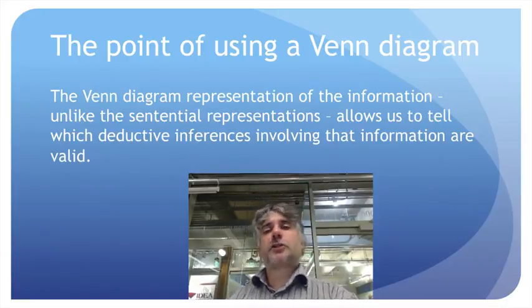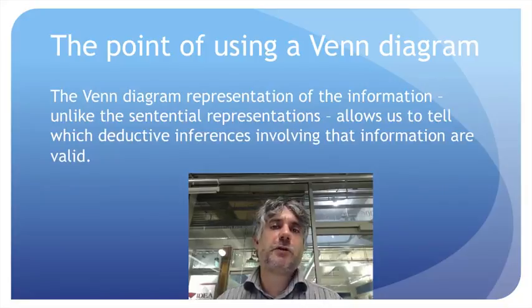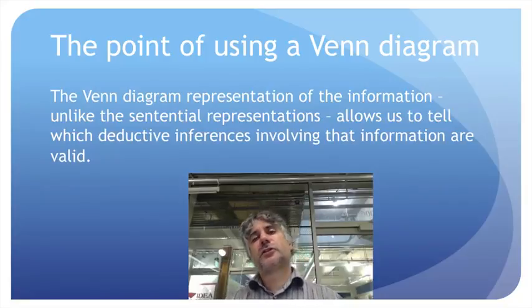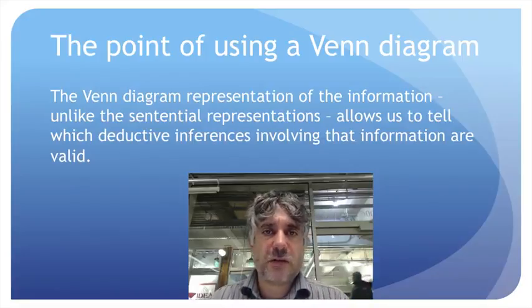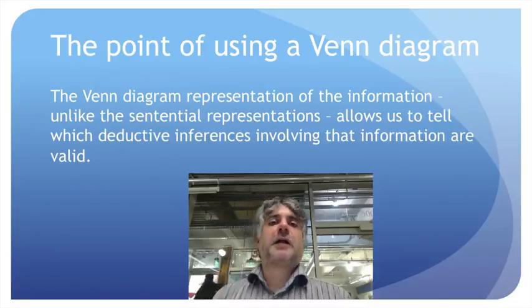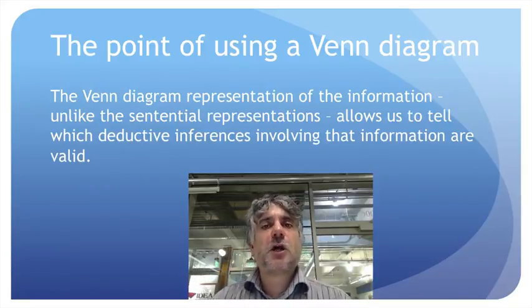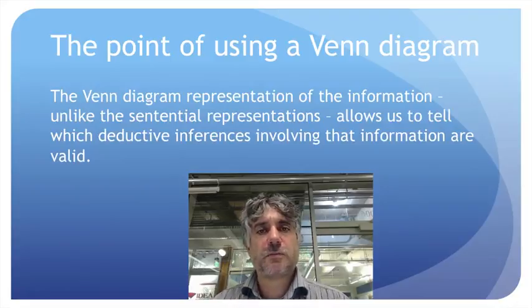Okay, so that's why truth tables and Venn diagrams are useful devices for understanding whether deductive arguments are valid or invalid. And there are many other useful devices like that, but truth tables and Venn diagrams are the two simplest ones, and so the two that we focused on in this course.